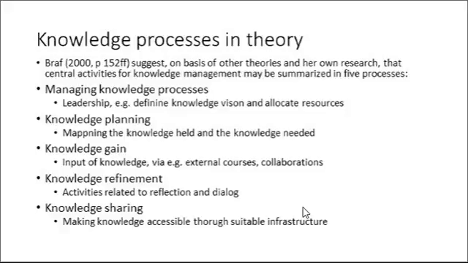The second one, knowledge planning, includes activities such as mapping the knowledge needed now and in the future in the organization, and planning for and creating conditions for knowledge development.